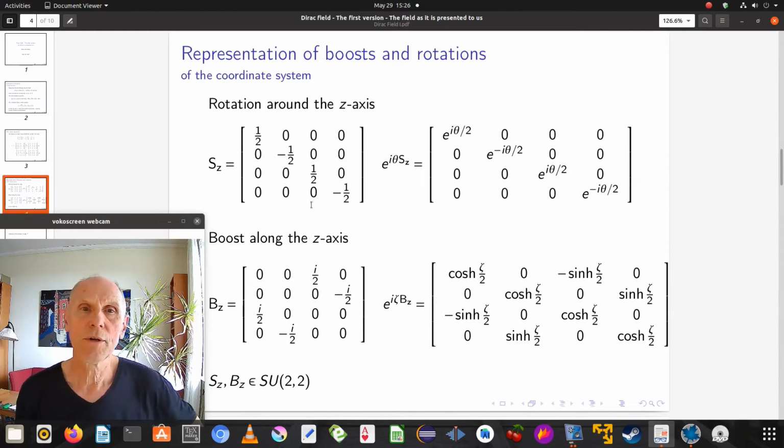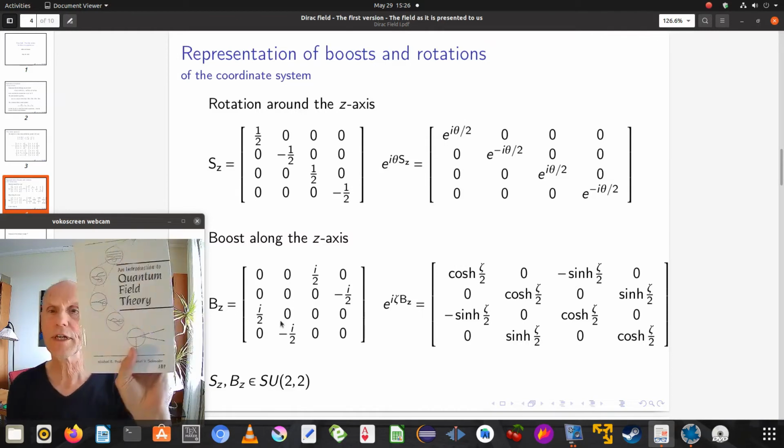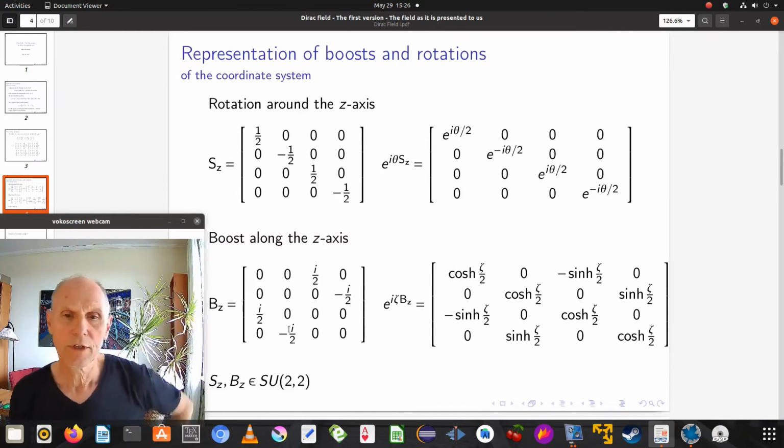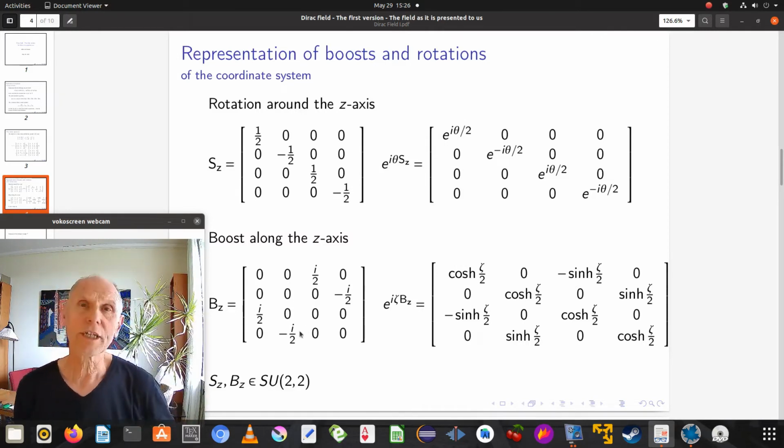Next, the representation of rotations and boosts. You may find this, and it's also presented in the book here, how to find them. So all the data are there. So I just applied it and found the boost, and then I realized that they move the coordinate system and not the states.